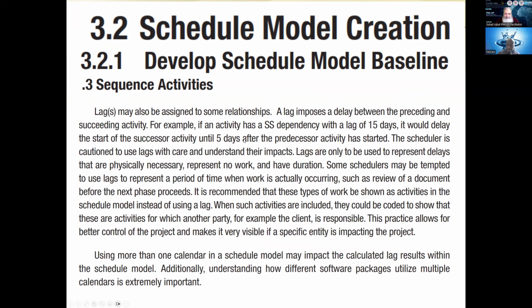This is the discussion about the lags and leads. Again, I think we are done with it. We quite well know it. If you want to have a look at it, lags and leads could be placed anywhere, even within any relationship. It could be SS plus 15 or minus 15, FS plus 10 or minus 10, whatever. Any conventional relationship could have a lag or a lead.